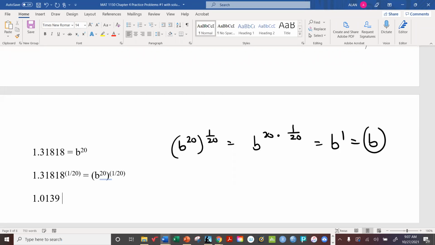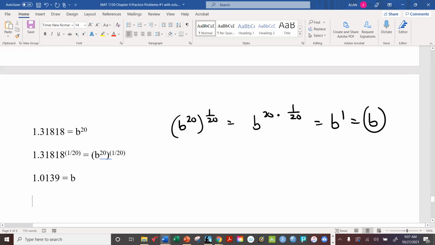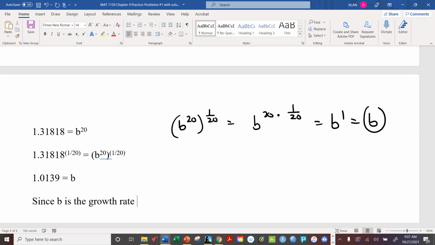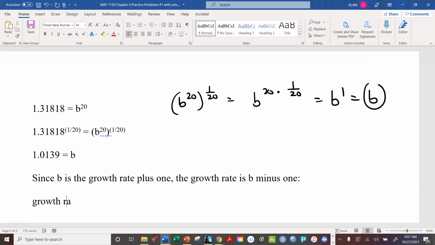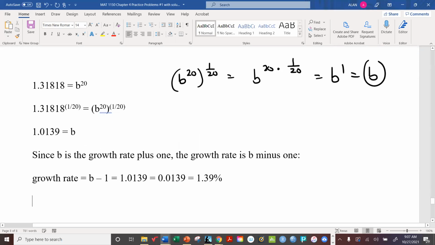1.0139. Now, remember, we did say we're looking for the growth rate. So since b is the growth rate plus 1, the growth rate is b minus 1. So in other words, the growth rate is 1.0139 minus 1, which equals 0.0139, or 1.39%.